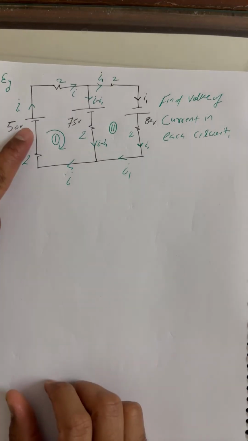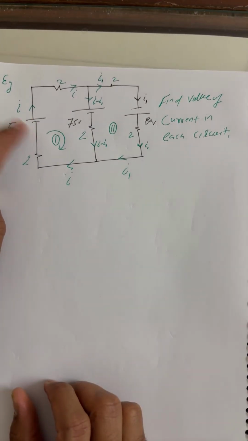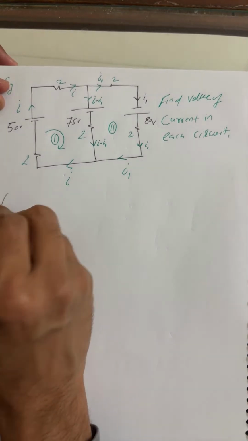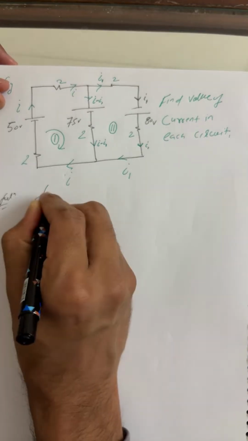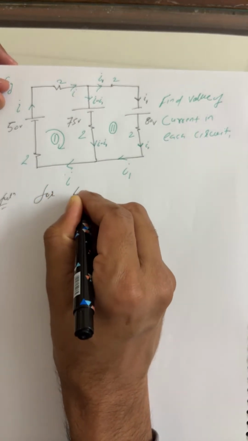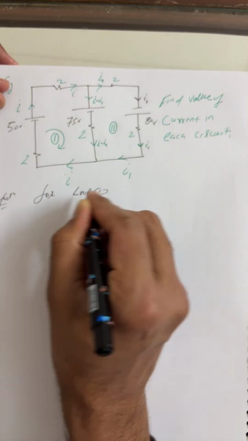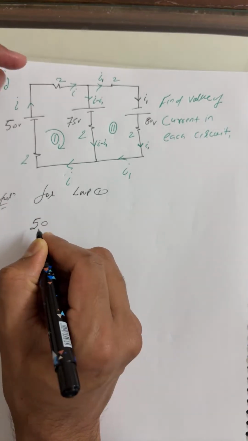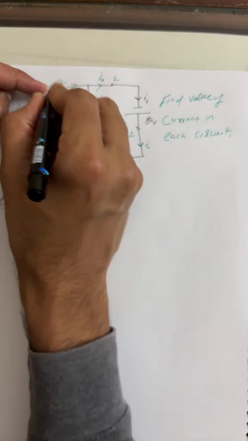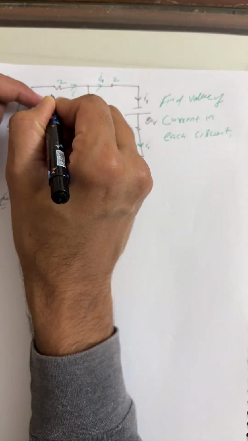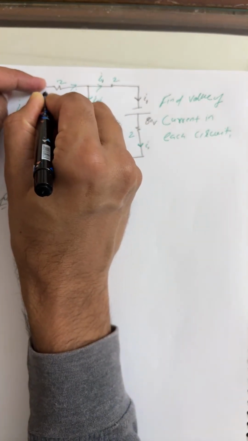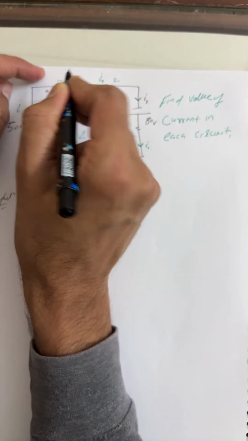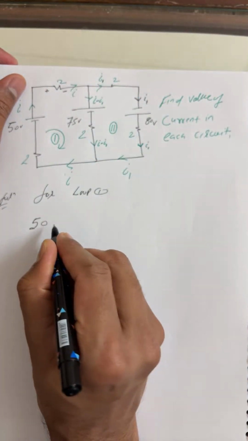If I move from here to here, it is minus 2 plus plus. So first I'll solve for loop 1, minus 2 plus plus. Then the current, as I said, is taken on the resistor direction, or you can say sign convention according to the direction of current flow: plus minus V minus IR.